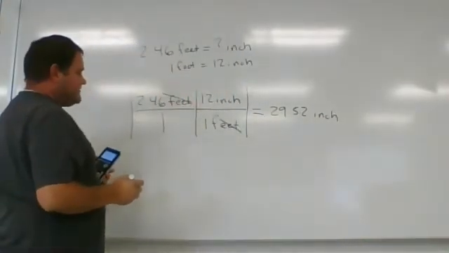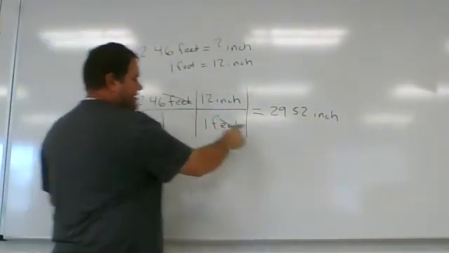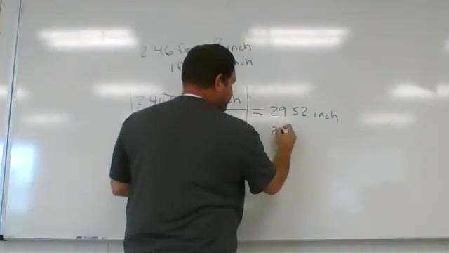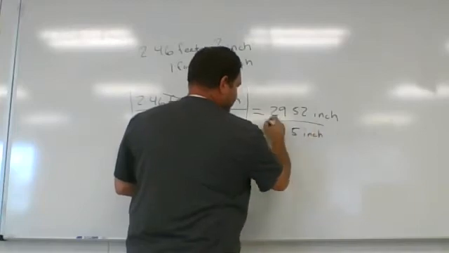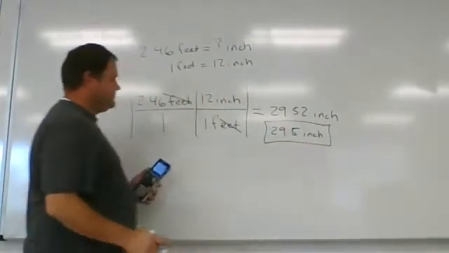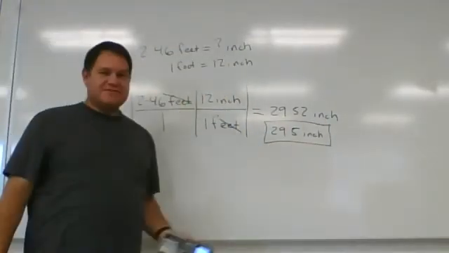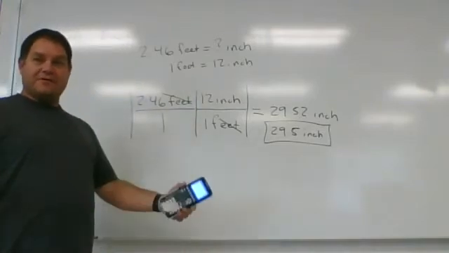All right, significant figures, I can have 3, so I need to round to 29.5 inches as my final answer, okay? My significant figures match up. All right, there we go.